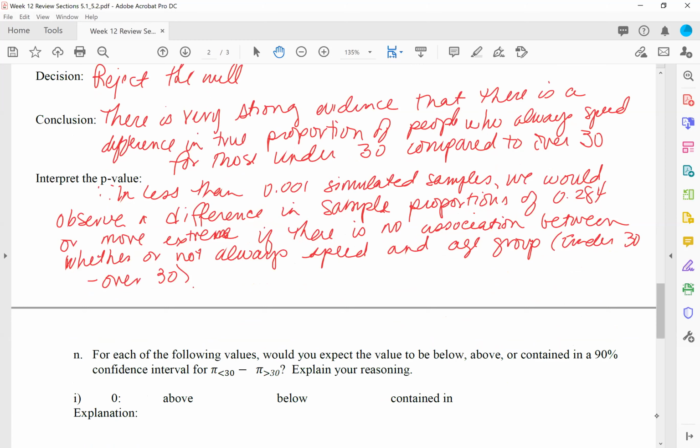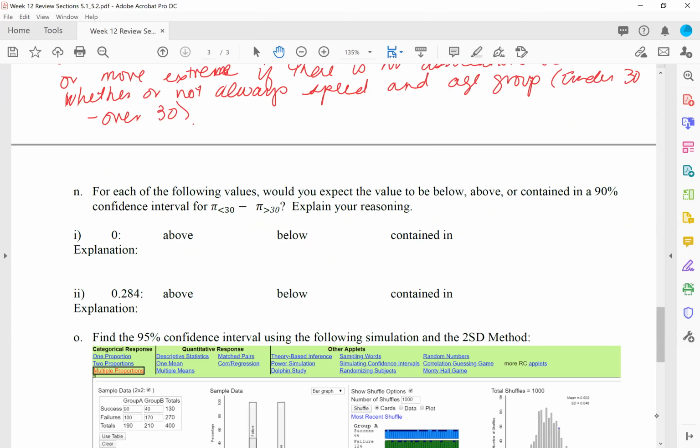Okay, so for each of the following values, would you expect the value to be below, above, or contained in a 90% confidence interval? So if we created a confidence interval for our parameter, the difference in proportions, would 0 be in our confidence interval? How can you tell based on your p-value? Zero wouldn't be in it because we have strong evidence against the null, and if zero was in it, then it would be saying that there's a chance that there's no association.